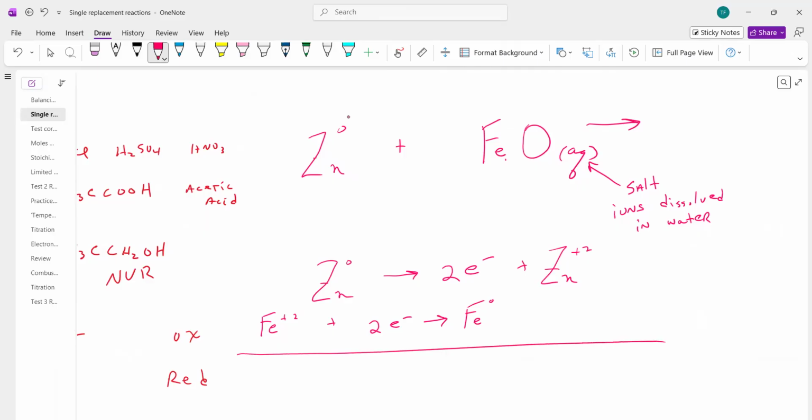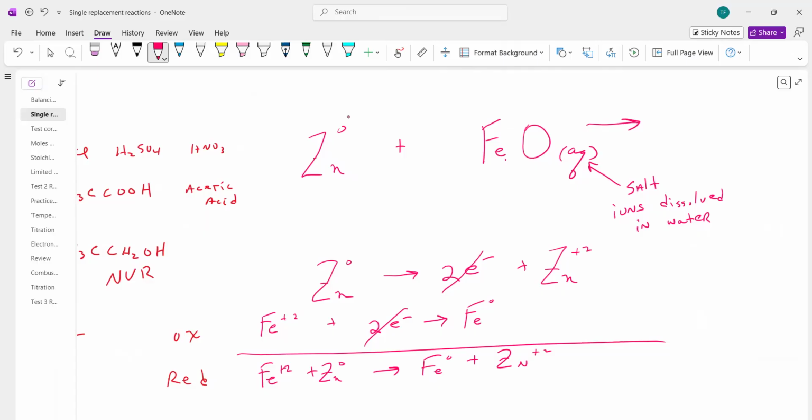So this is nice because it already worked out. 2 electrons lost, 2 electrons gained. So we don't have to fuss with multiplying them by anything. So the electrons cancel.